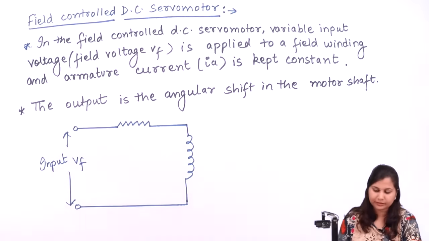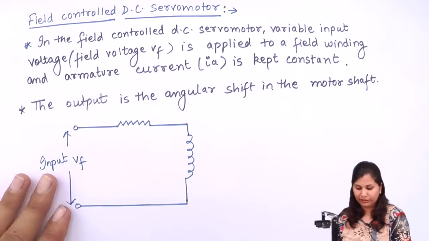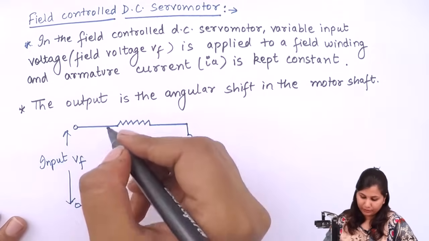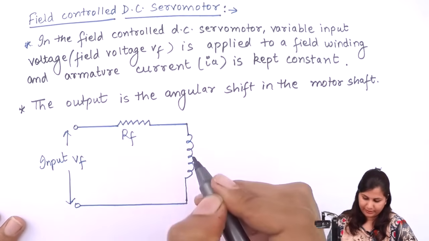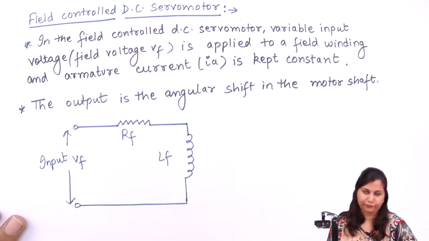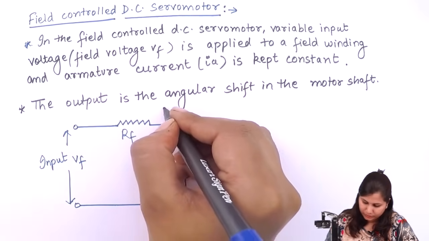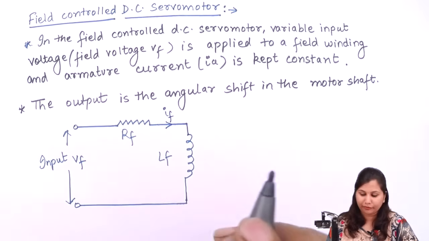Here we are applying the input, that is the field voltage, and this field voltage is variable. This is the field resistance RF and this is the field inductance LF. Now this current is IF, that is the field current.